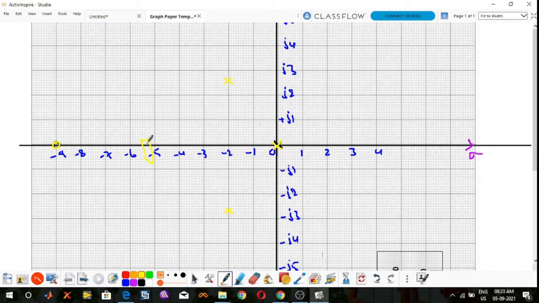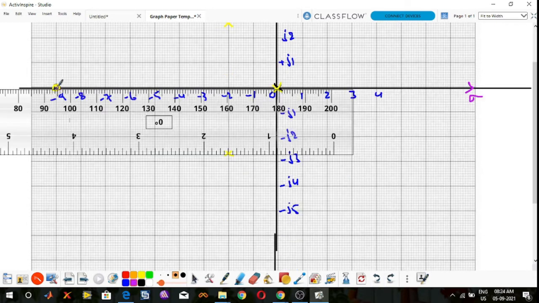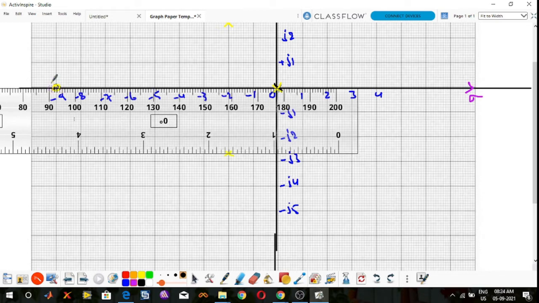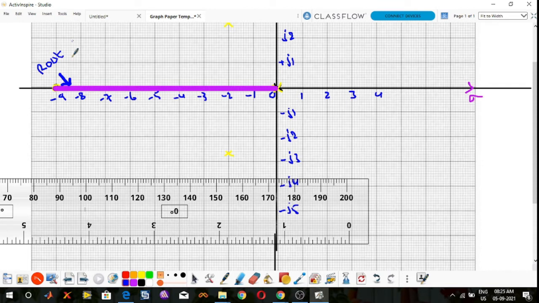Only one pole, which is an odd number. So between s is equal to 0 pole and s is equal to minus 9 zero is a part of the root locus. Highlight the root locus branch.